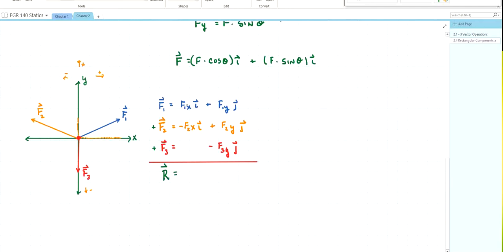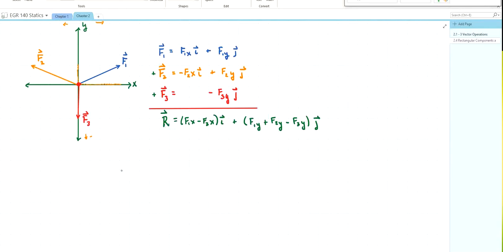All I need to do is add the components to find the components of this resultant. So this is F1x minus F2x i. There is 0 here. And then plus F1y plus F2y minus F3y j. And that's all you have to do. That'll give us a vector, and it'll give us the vector in the correct direction.